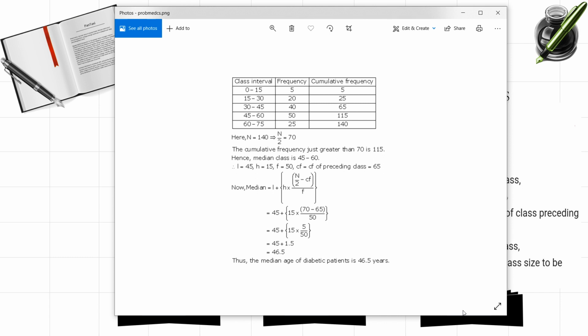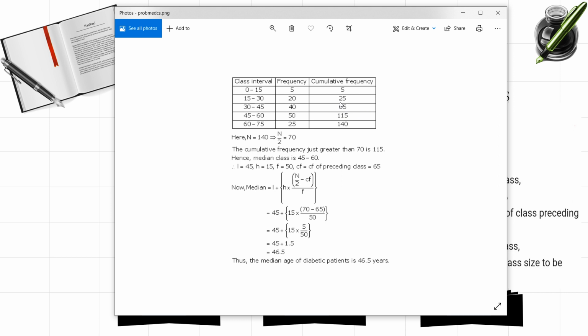And here in continuous series, first of all you have to find the quantity n by 2. N is 140, 140 by 2 is 70 in this example. And you have to check the just greater value than 70 in the cumulative frequency column. Just greater than 70 is 115 in this column and the corresponding class is called the median class.